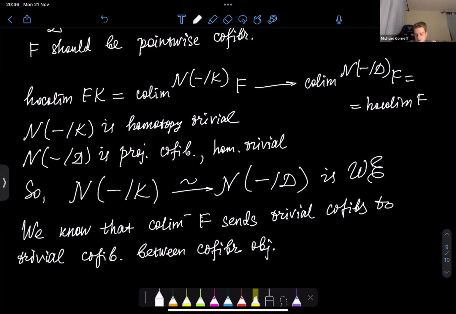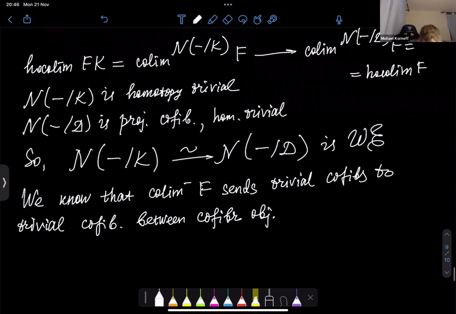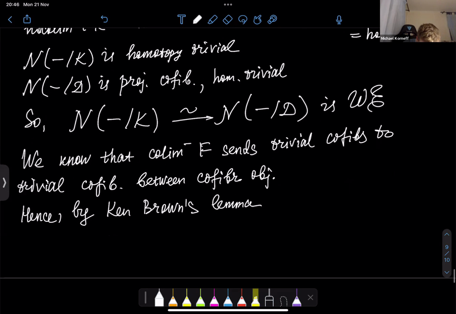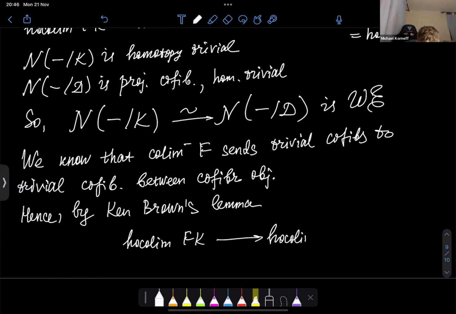And thus we are in the setting of Ken Brown's lemma, hence by Ken Brown's lemma we have that this map is a weak equivalence.